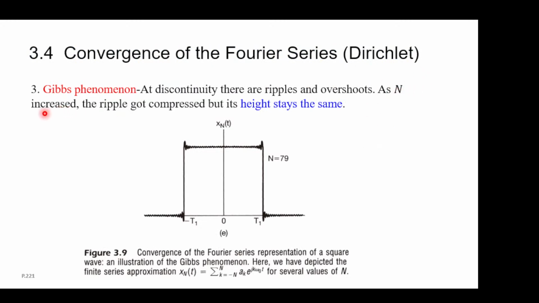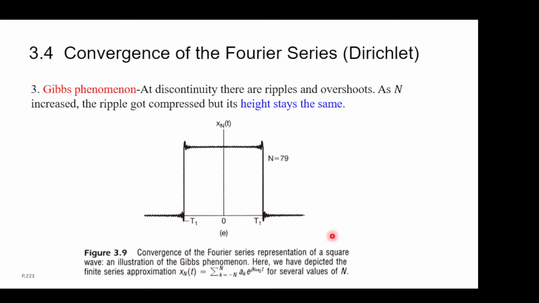As n increases, this ripple overshoot gets compressed, so the energy goes to 0 because the width of this overshoot area goes to 0, but the height will stay the same. That's a bit funny, but that's what happens when you approximate a discontinuous function with Fourier series, which are continuous functions.